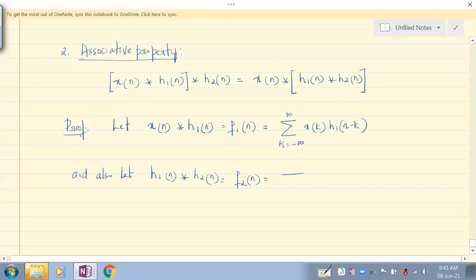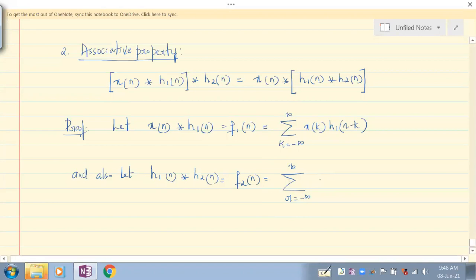And what can I express this as? Since the variable k is already used to express f1 of n, let's use some other variable. Let's use r running from minus infinity to plus infinity.